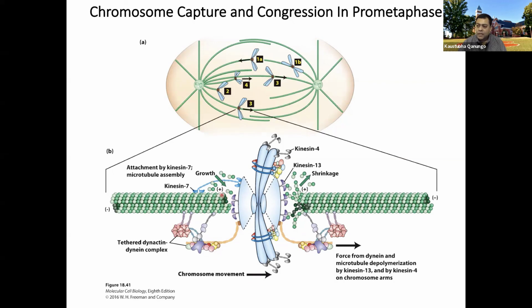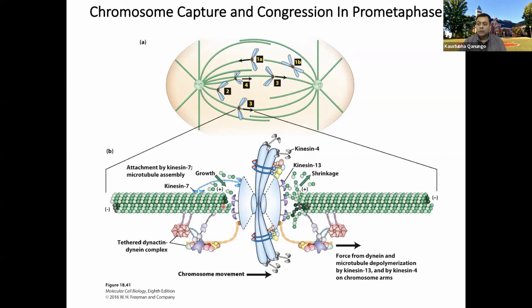That means during the congregation, during prometaphase, this is polymerized. But what is the consequence of that? This polymerization will push the chromosome towards the middle portion of the cell so that it is bioriented on the metaphase plate. It is not separating the chromosome. It is putting it in the middle portion.